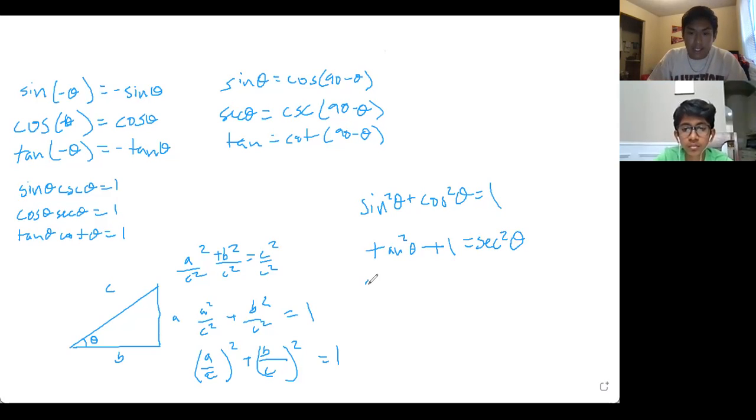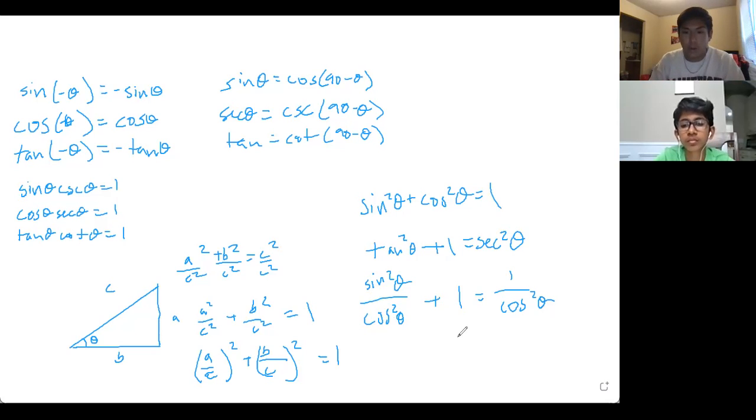So I see this as sine squared theta over cosine squared theta, that's tangent, plus 1 equals 1 over cosine squared theta. Do you agree with me? I can get rid of all these denominators by multiplying everything by cosine squared theta. So I get sine squared theta plus cosine squared theta equals 1.